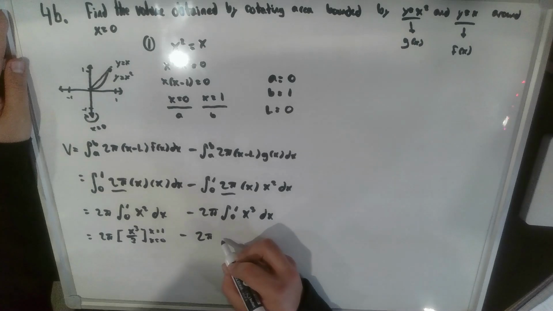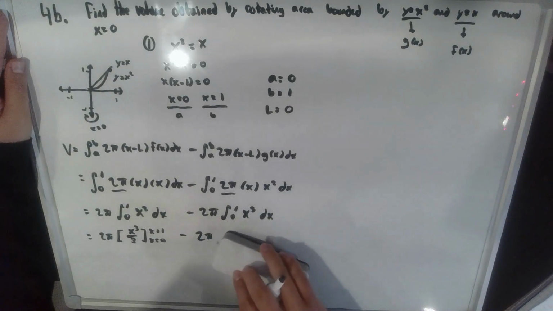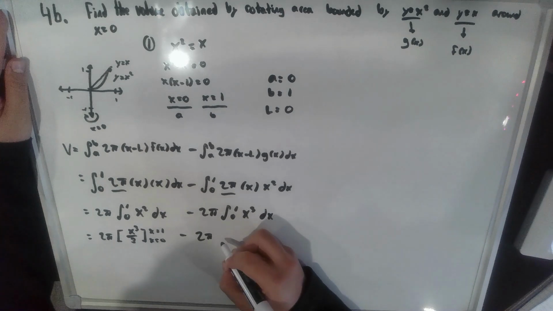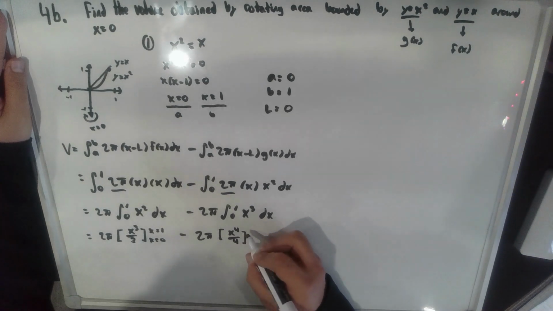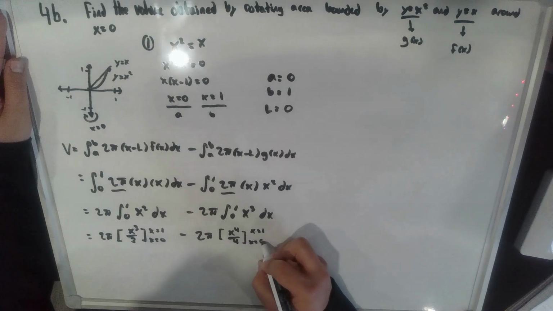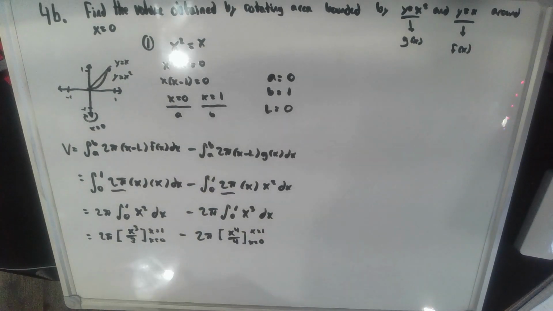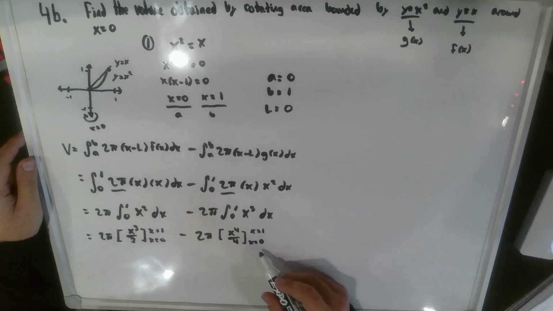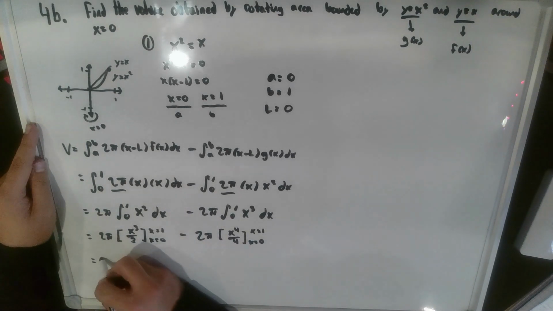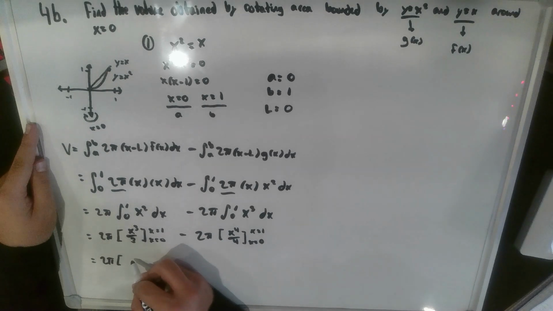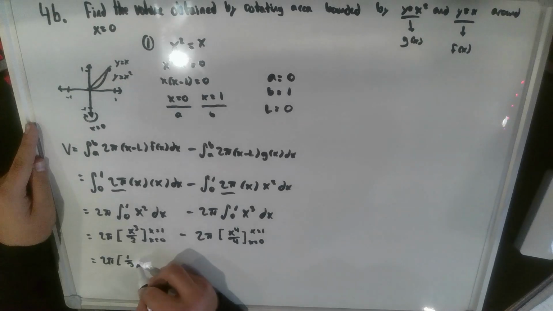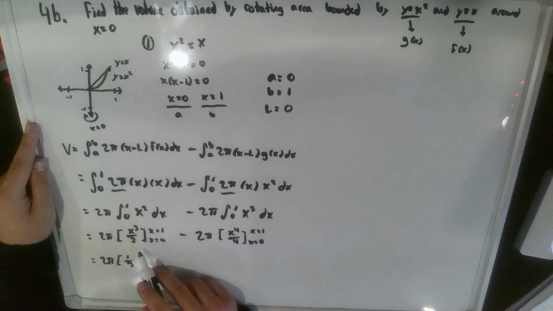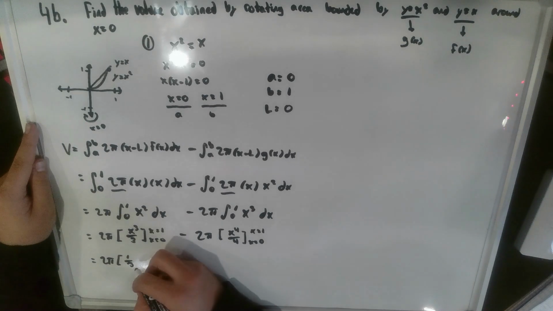Minus 2 pi again, x to the 4th over 4 from x equals 0 to x equals 1. Since the lower bounds give 0, it's just going to turn out to be 2 pi times 1 cubed over 3, which is 1 over 3, and I don't need to put minus the 0 because it factors to 0.